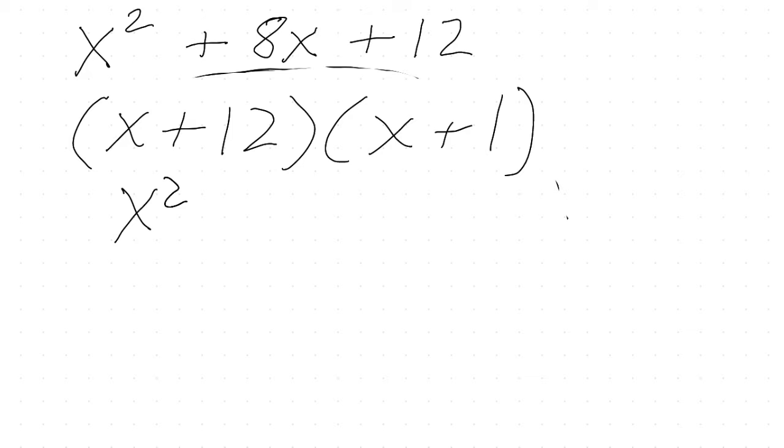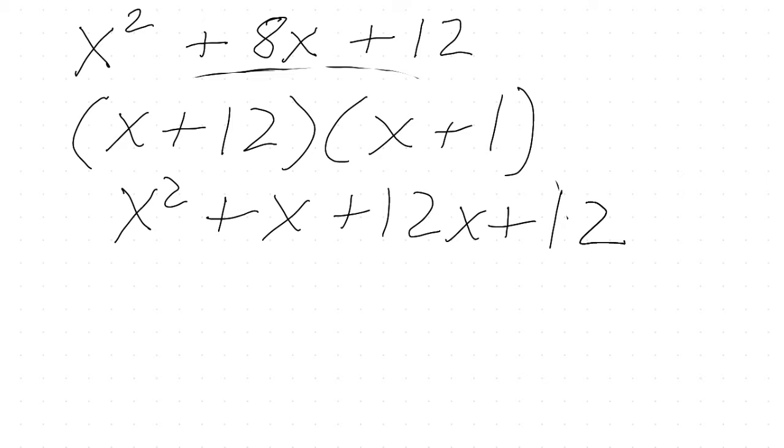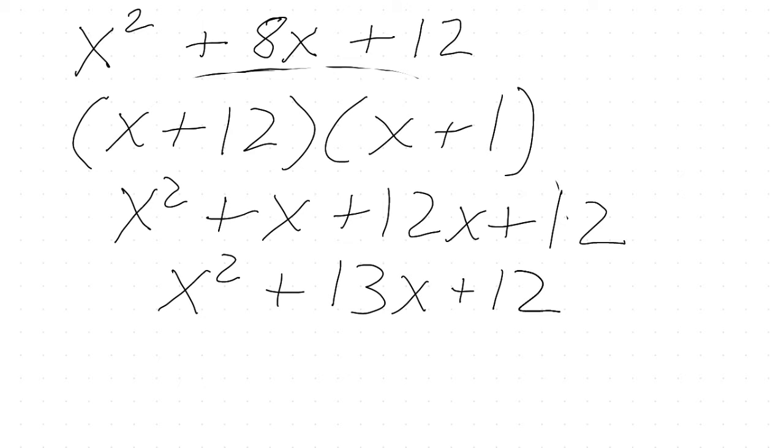X times 1, that's x. Plus 12 times x, which is 12x. Plus 12 times 1, which is 12. All right, so I get x squared plus 13x plus 12.